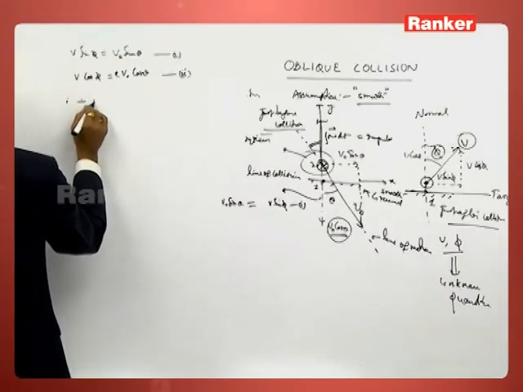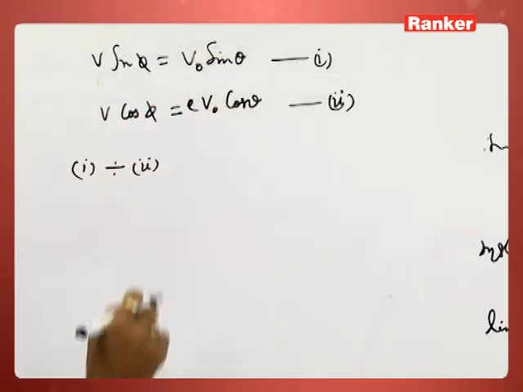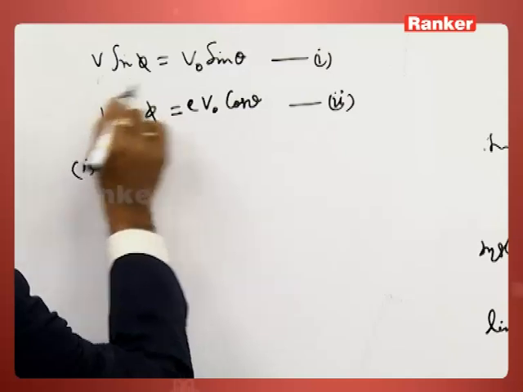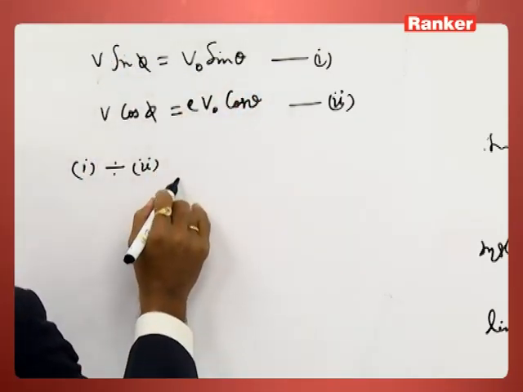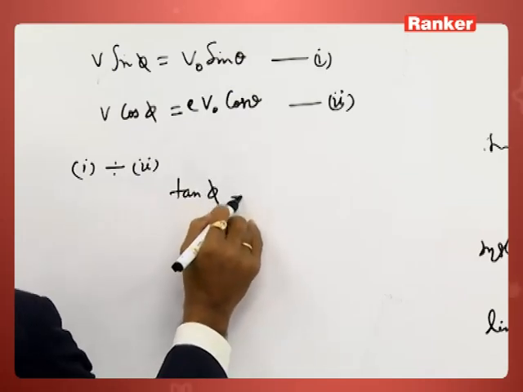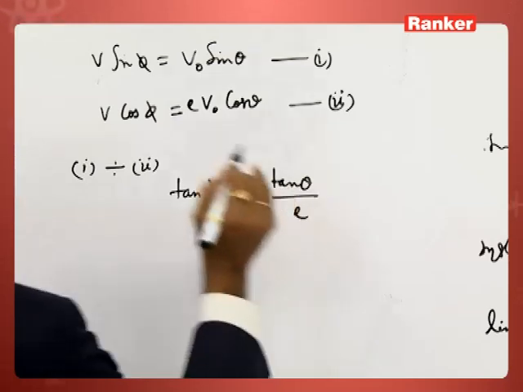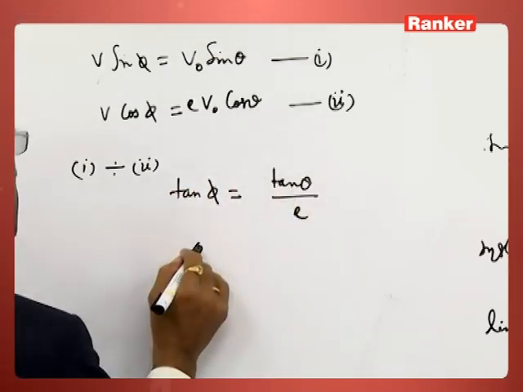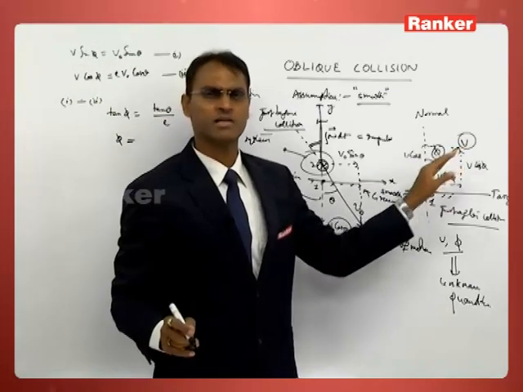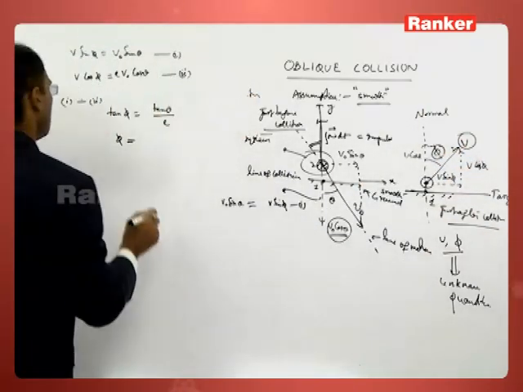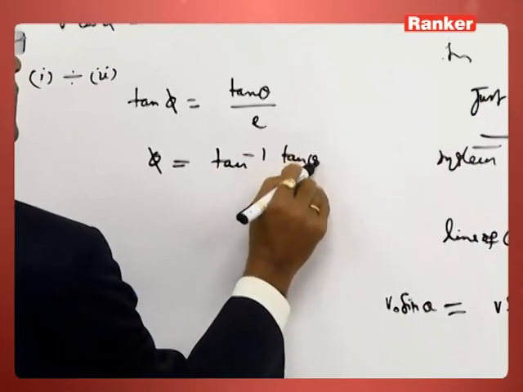Just divide equation 1 by equation 2. This V will be getting cancelled, V naught will be getting cancelled. So we are getting tan phi is equal to tan theta upon e. This gives us the direction of motion of the object just after the collision, phi equal to tan inverse of tan theta upon e.